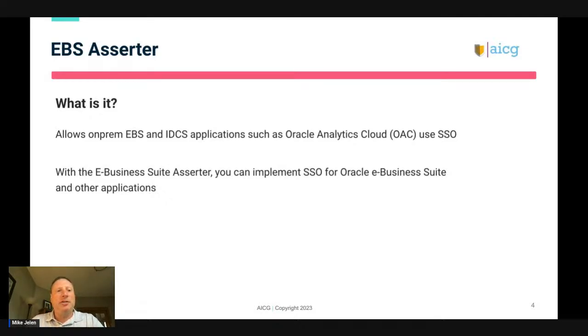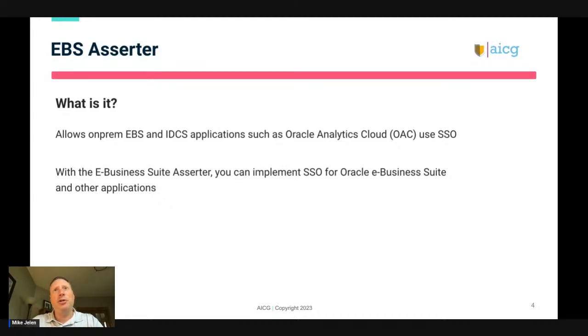When you think of the EBS asserter, you have an on-prem EBS implementation. You're not ready to move to Fusion. However, you are running some applications within Oracle's cloud, such as Oracle Analytics Cloud. And you want to use SSO for logging into either of the applications, OAC or on-prem EBS.